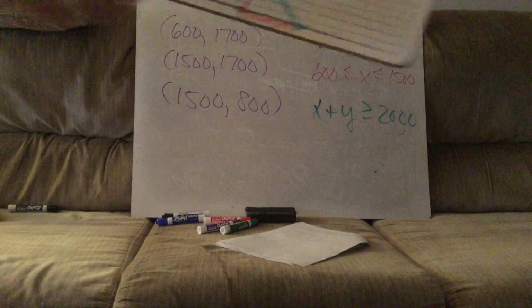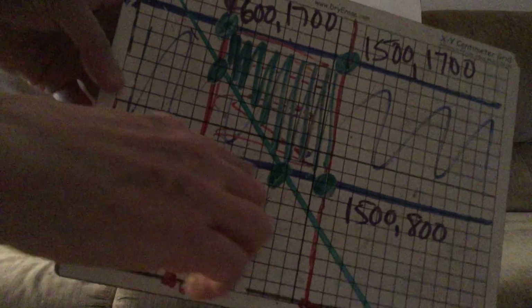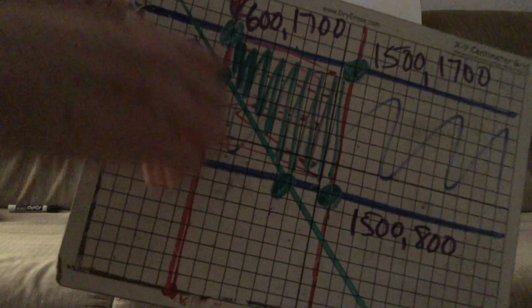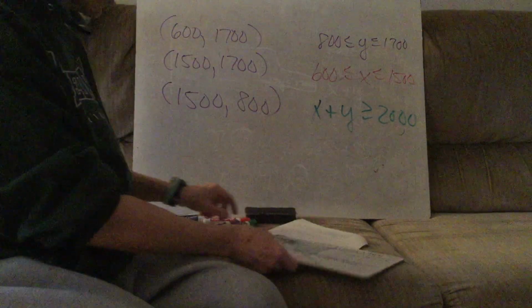So now, here I am, looking at this point right here. I know my y is 800, but it's on the green line, and any point on the green line has to add up to 2000.